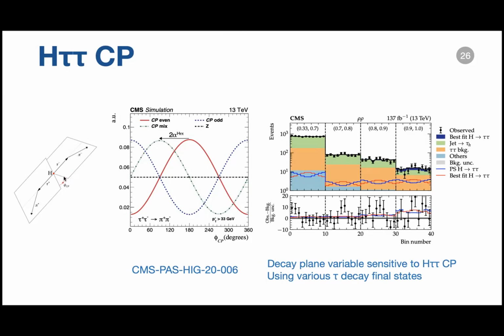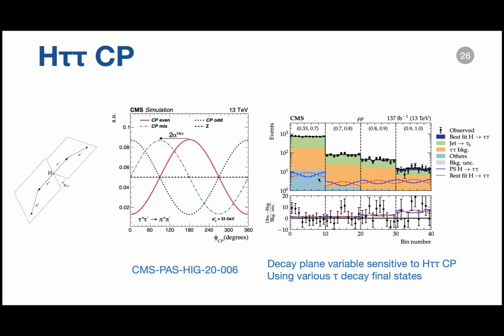And indeed, if you look at the angles between the two decay planes, it shows you that when you have CP even, odd, or mixtures, these angles look quite different. So the analysis just uses this variable to extract the CP information of the Higgs. And here they consider a lot of tau decay final states.